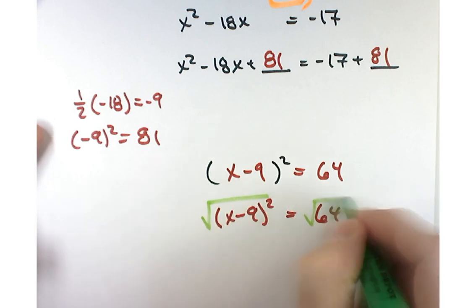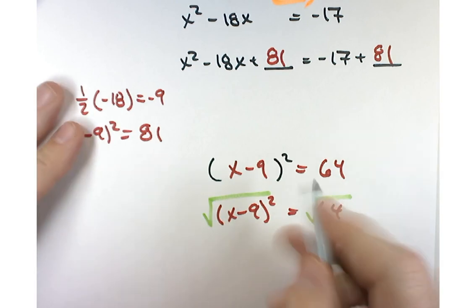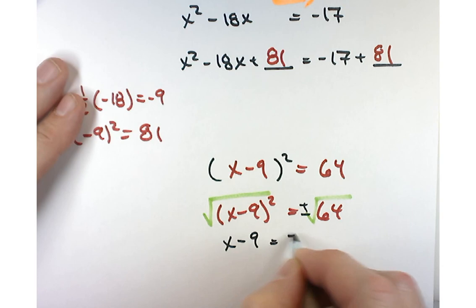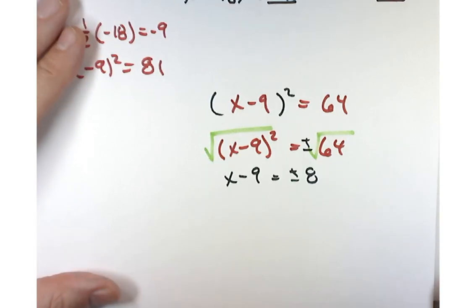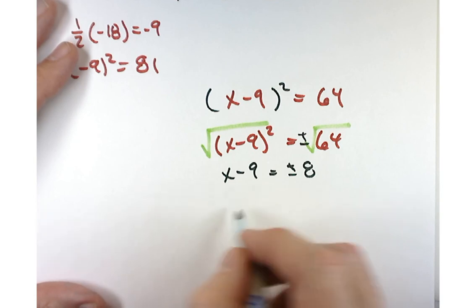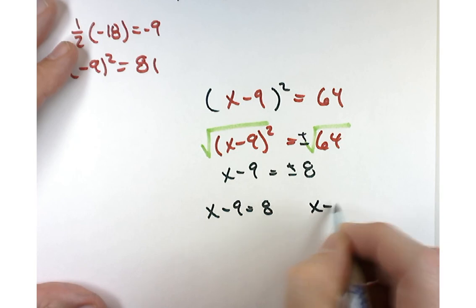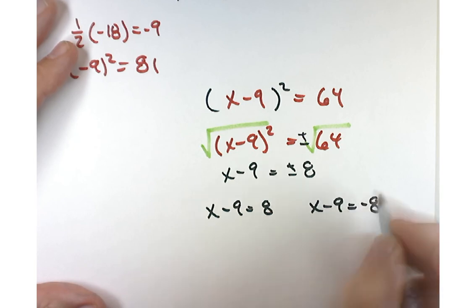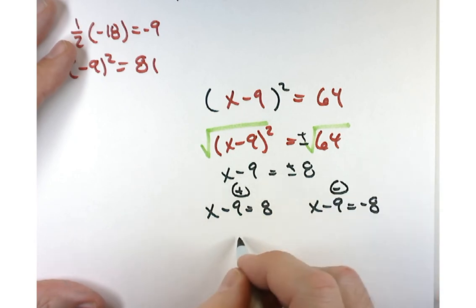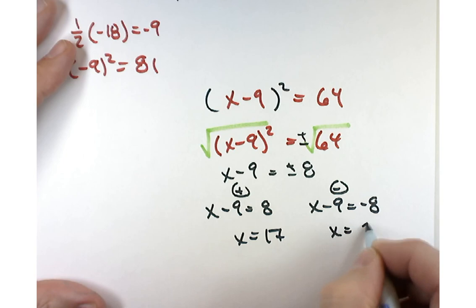On the left-hand side, I'll additionally take plus or minus, so I get x minus 9 equals plus or minus 8. Nice. So let's solve both equations, because there's really two hidden in here because of the plus or minus. Here's your positive, here's your negative. I get x equals 17 or x equals 1.